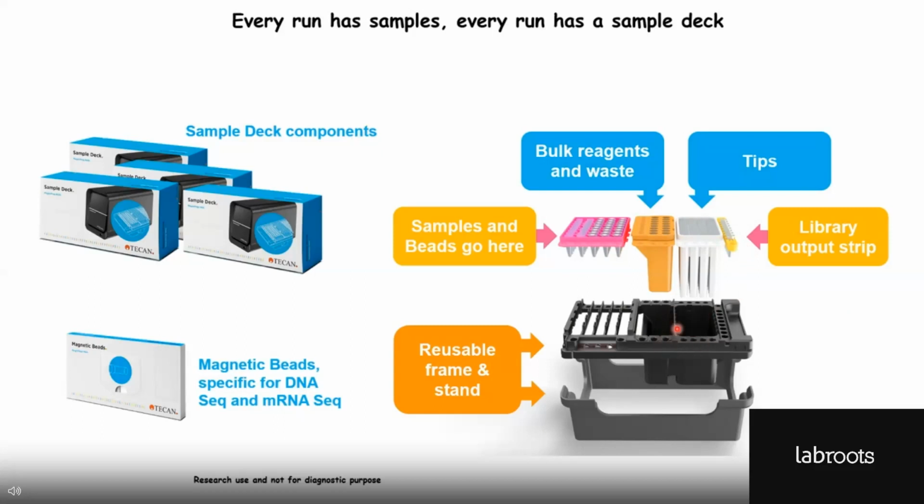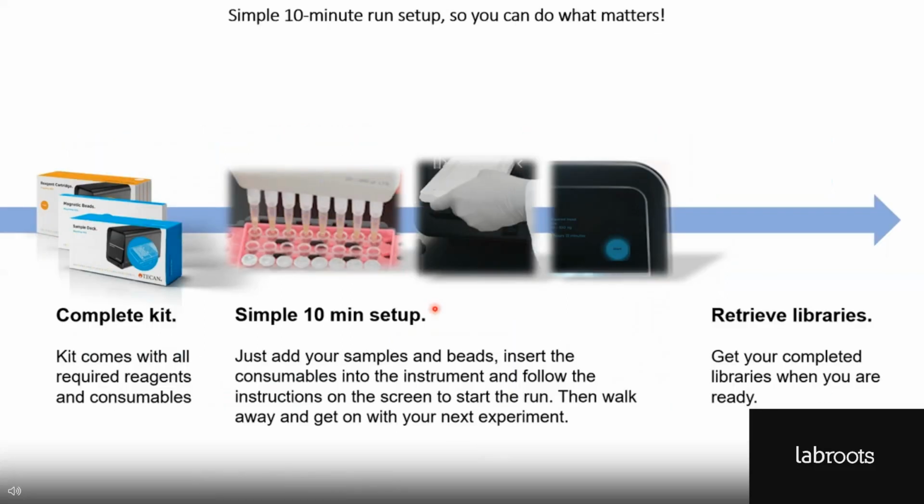So you just load the whole thing into this cassette, start the machine, press this magical button over here, and walk away, and you come back after 10 hours to get your RNA libraries. For DNA, I think it's close to 6 hours. It's pretty neat. It has solved a lot of the challenges that we have had, especially when you're dealing with patient samples, which are very precious.